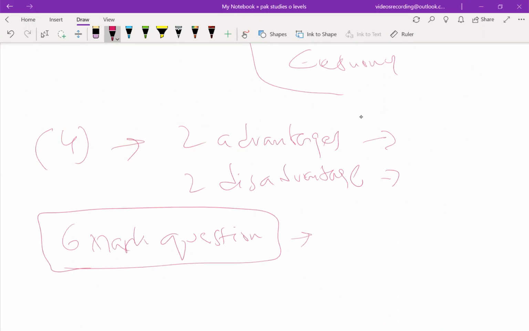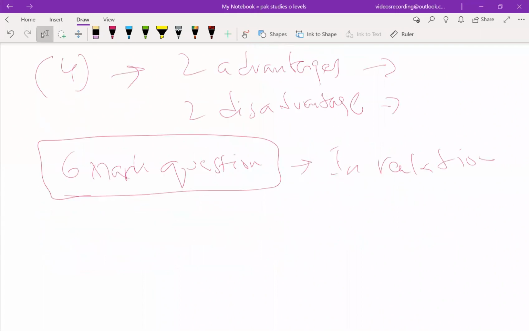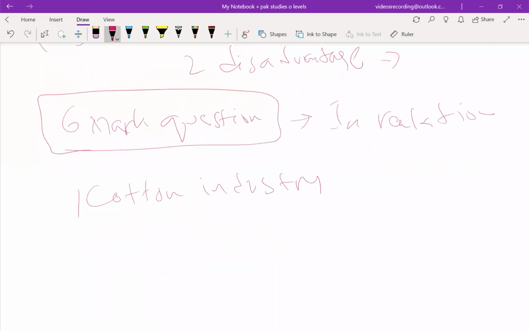So with that in mind, you will obviously get questions which are basically in relation to two different things. For example, let's say if you're talking about the cotton industry. Now, in that, there'll be 2 elements.